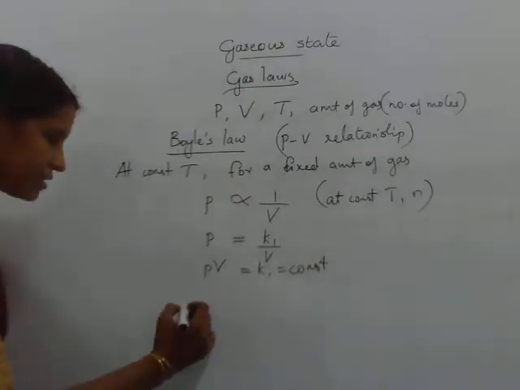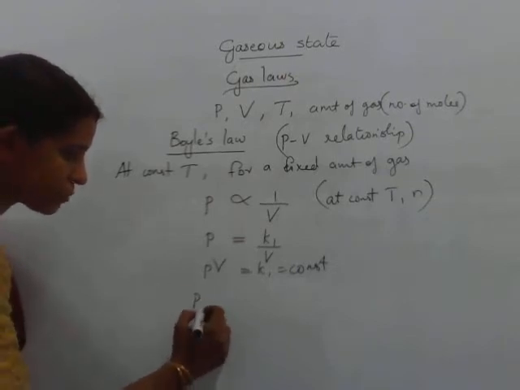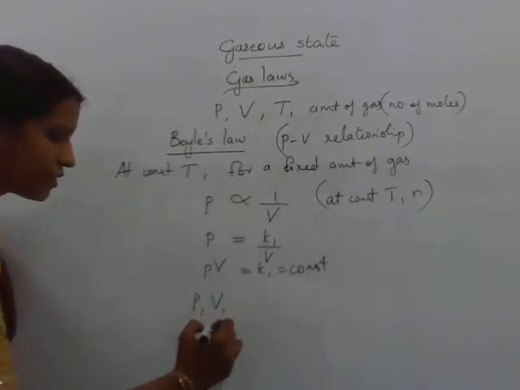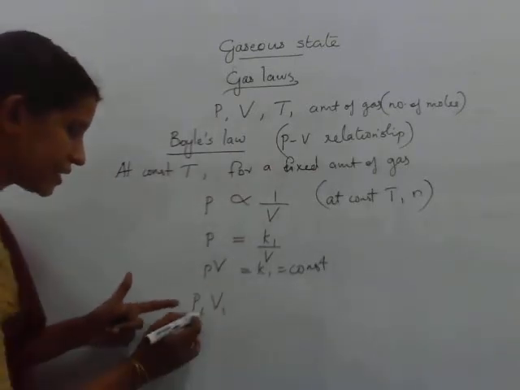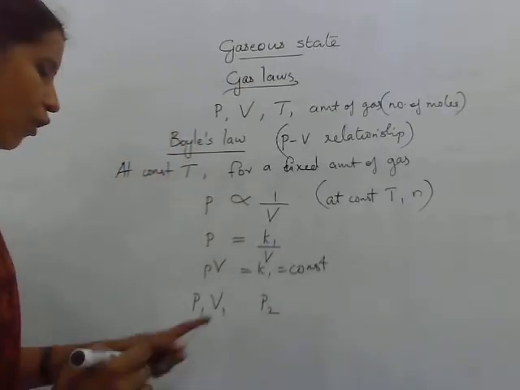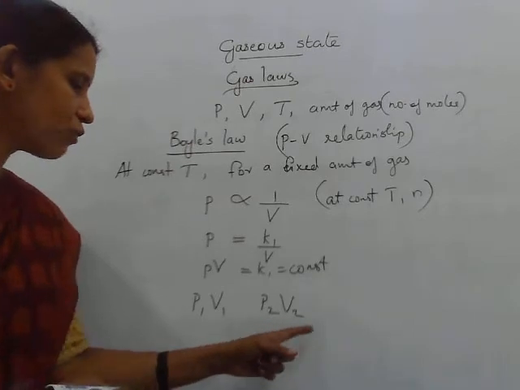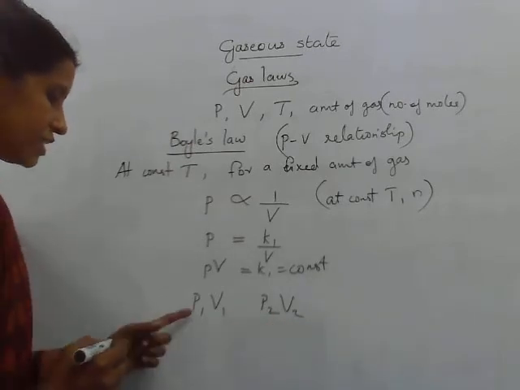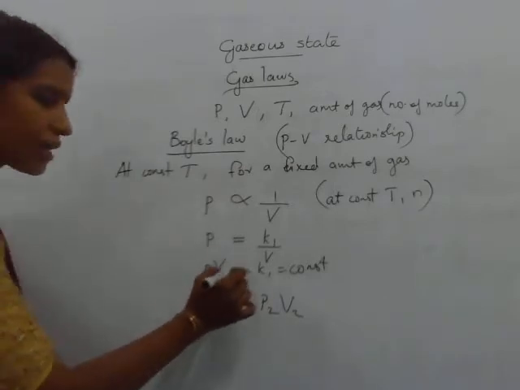If you take a gas at constant temperature with pressure P1 and volume V1, the gas undergoes expansion. On expansion, pressure will be reduced to P2, and volume will be increased to V2. This is the new pressure and volume, the final pressure and volume. These are the initial pressure and volume. According to Boyle's law, PV is a constant.